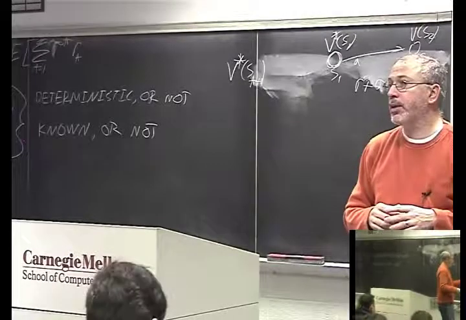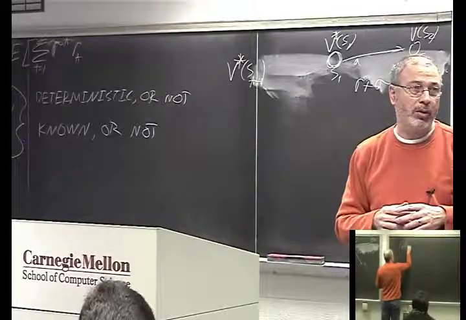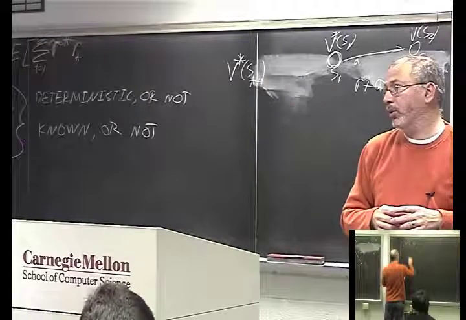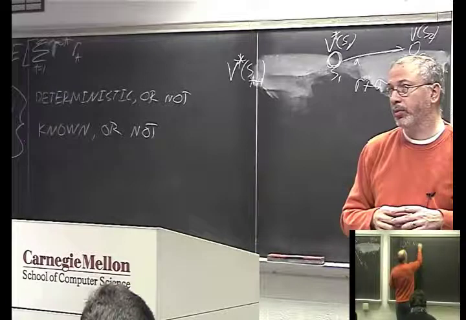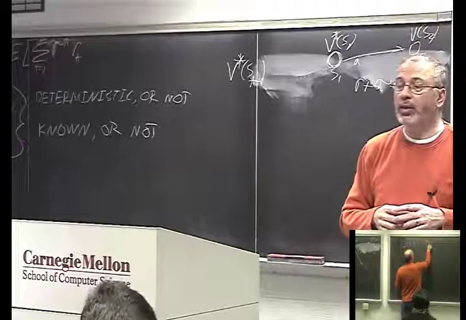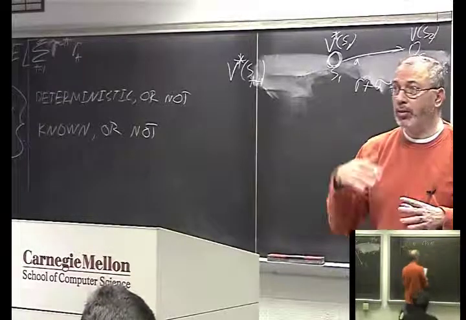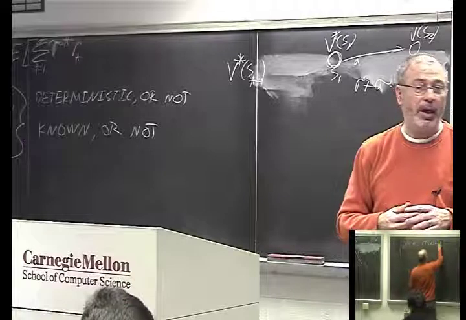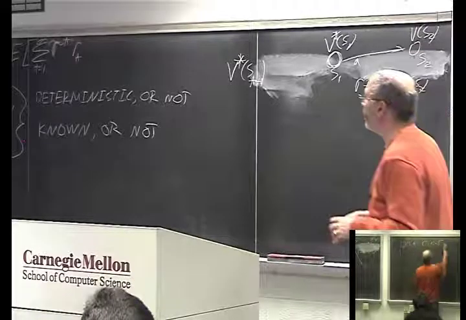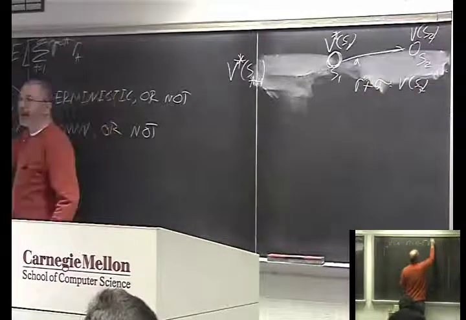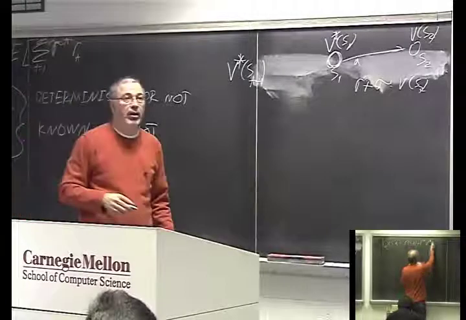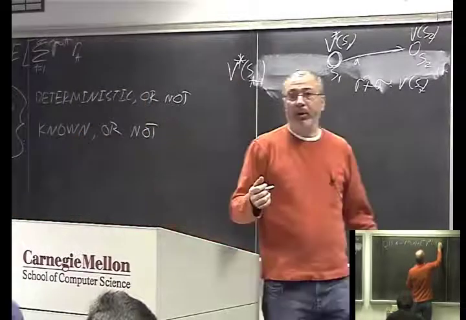So here's the Q function. It's a function of the state and the action, and it's defined as the reward you get from being in that state and taking this action, plus a discounted value of the optimal value of the next state you end up in.